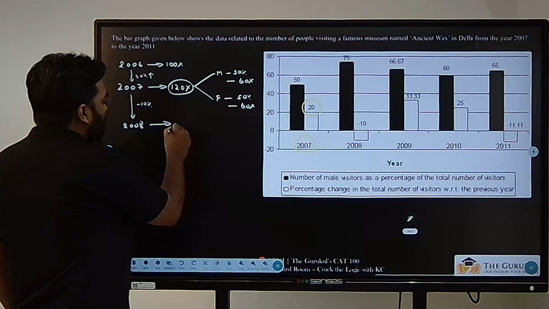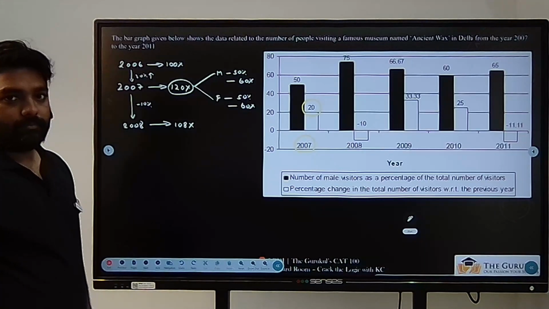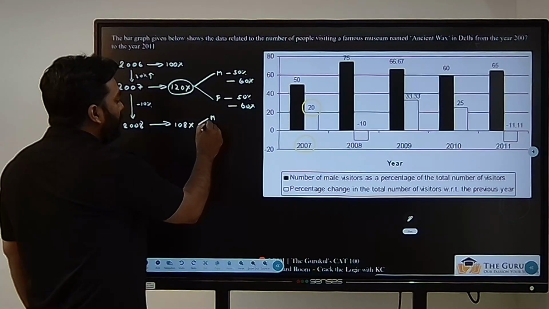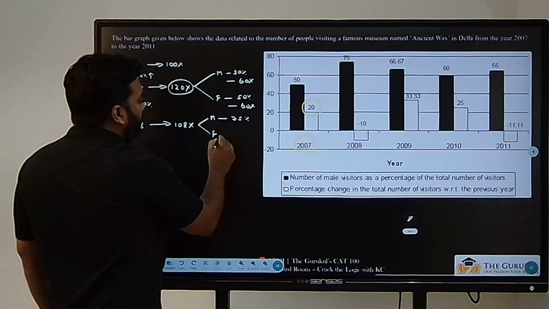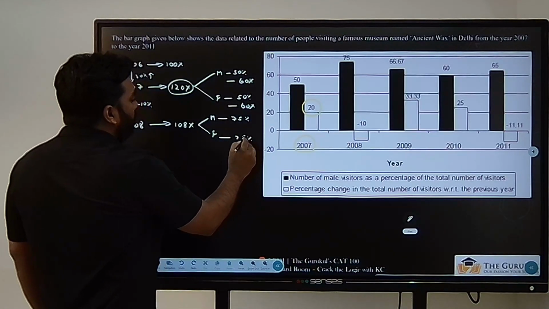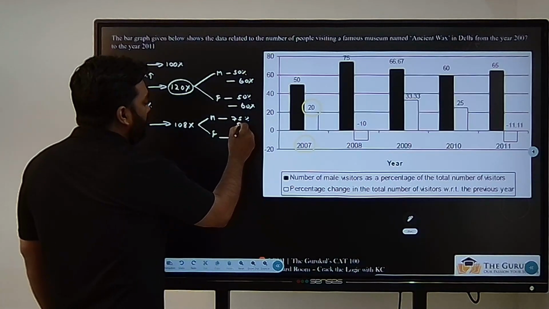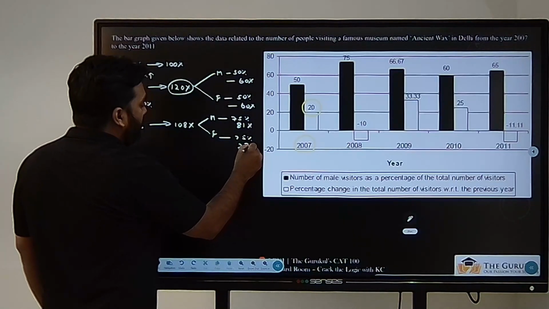So this will become 108x. Now in 108x we will have male and female. Male are 75%, female are 25%. So this will be 81x and this is 27x.